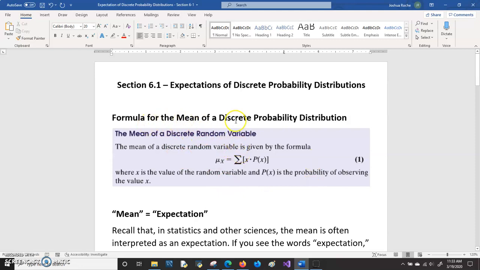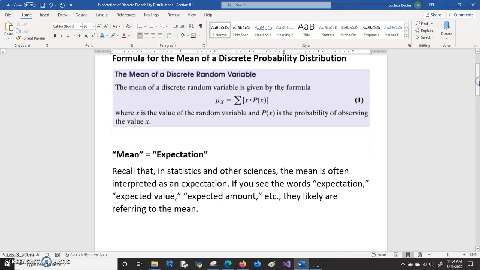So the mean for a discrete probability distribution can be found using this formula, and there's also a way to find it on a graphing calculator. This came up in an earlier problem. And also remember from an earlier problem that the mean is often interpreted as an expectation.